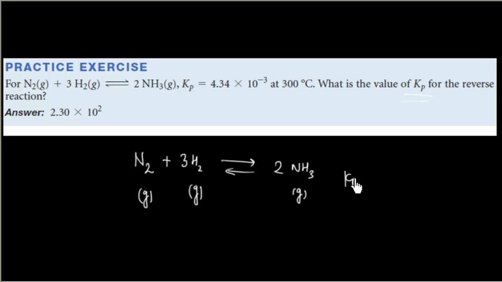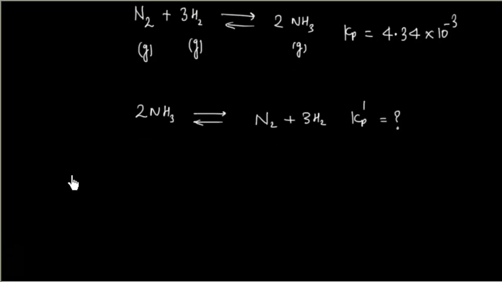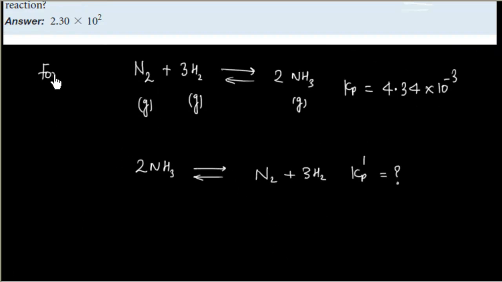Our Kp value is given, that is 4.34 into 10 to the power minus 3. Now the reverse reaction we will have, that is 2NH3, and this will give you N2 plus 3H2, and let us call this Kp dash. So we have to find Kp dash and use the same idea. This is the forward reaction and this is the reverse reaction.